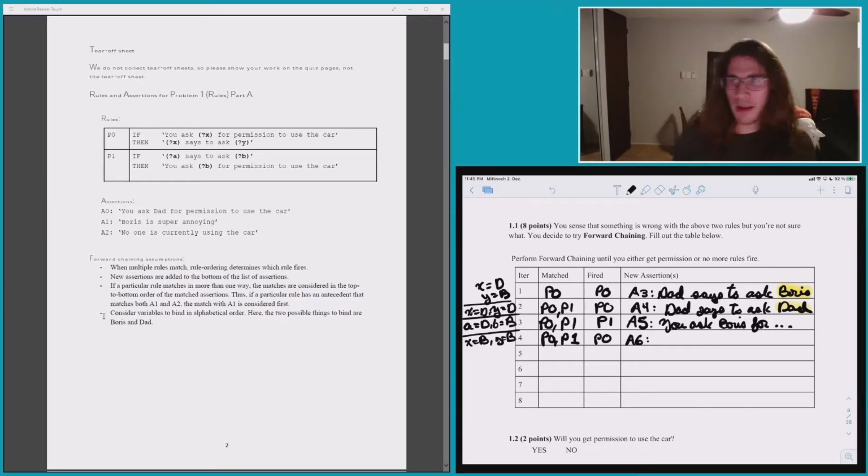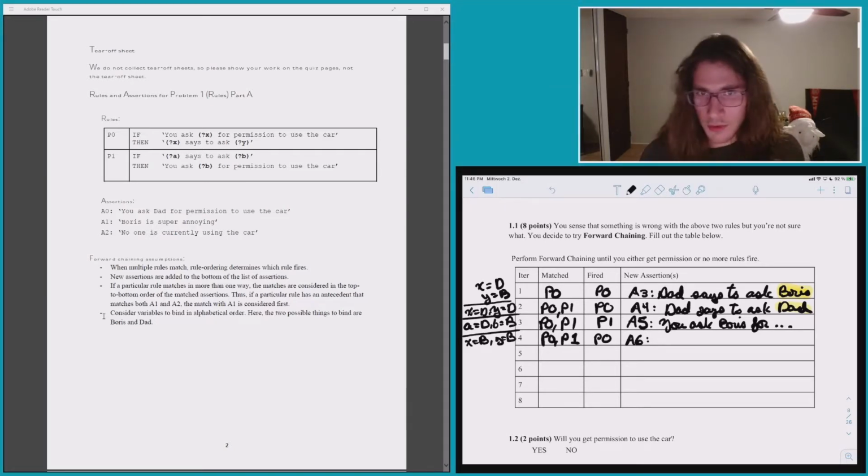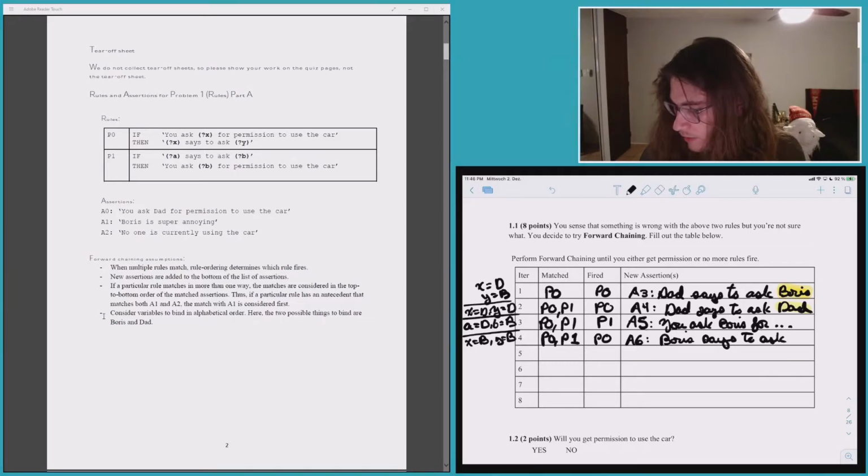Y doesn't need to be bound to anything, it's not bound in the antecedent, therefore in the consequent we're going in alphabetical order through the possible bindings of Y. So this is X equals B, Y equals B. Then assertion 6 becomes Boris says to ask dad.